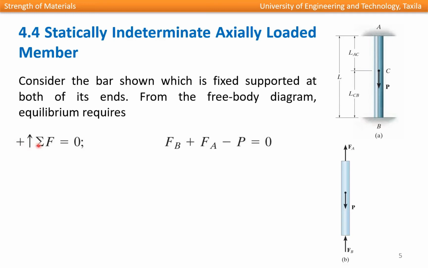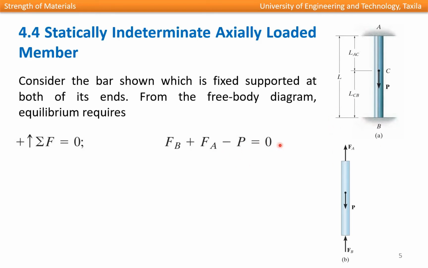If we take the summation of vertical forces, it says FB plus FA minus P equals zero, because P is acting in the downward direction, and according to the considered positive direction, the negative sign shows that it is acting downward. So this is the equilibrium equation for this structure.